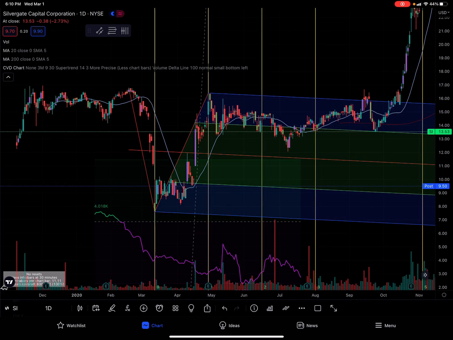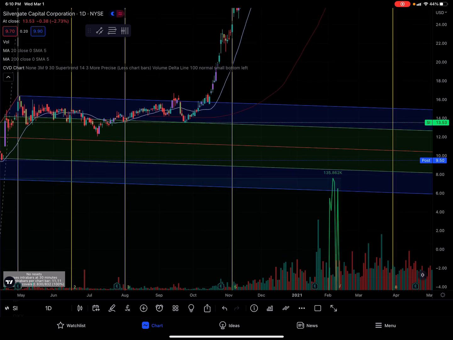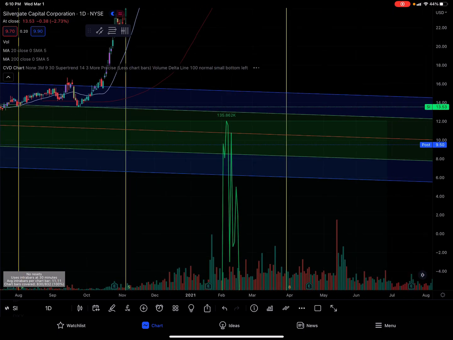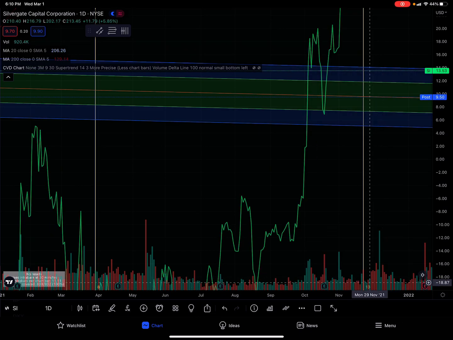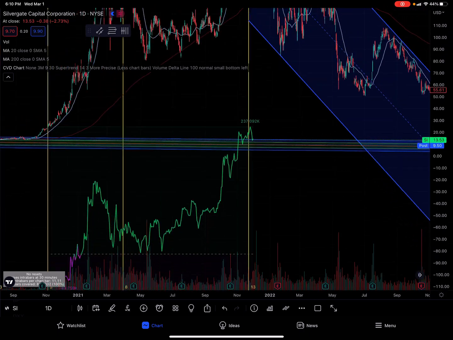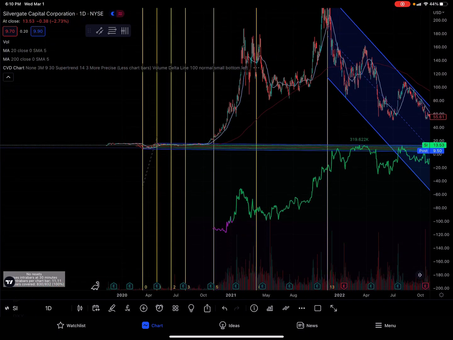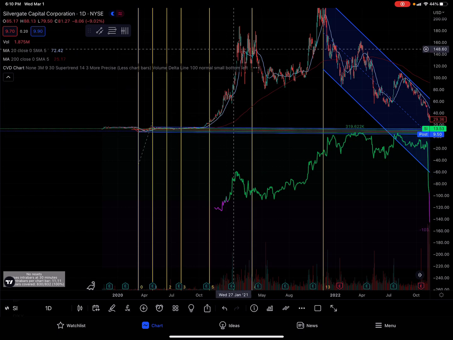So that being said, the 5, the 8, and the 13 all mark trend changes. Let's see how that looks. Well, the 5 marked a trend change because then it went up.